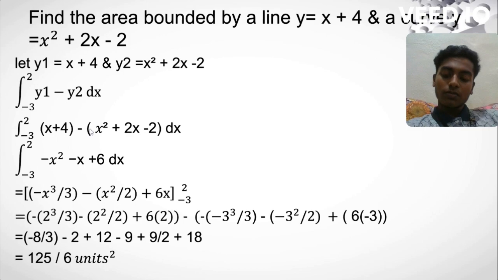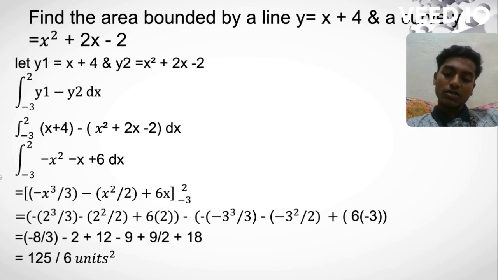When we open the brackets, we get the integral of negative x squared minus x plus 6 dx with the upper limit of 2 and the lower limit of negative 3. When we integrate, we get negative x cubed over 3 minus x squared over 2 plus 6x with the upper limit of 2 and the lower limit of negative 3.